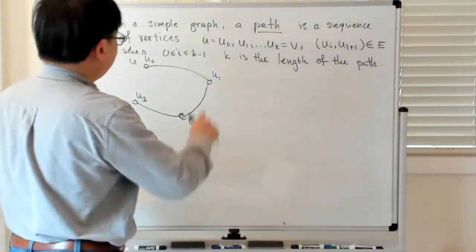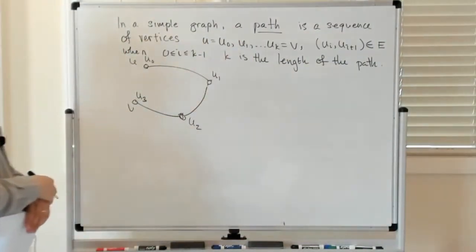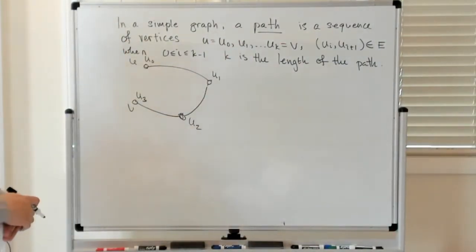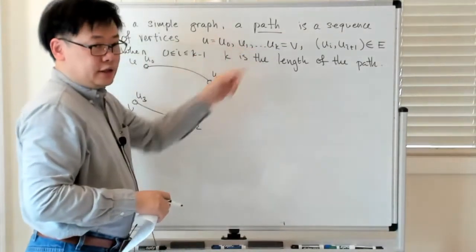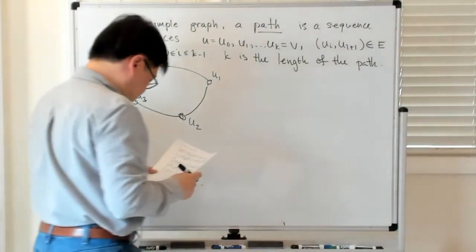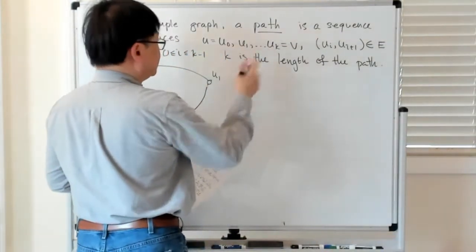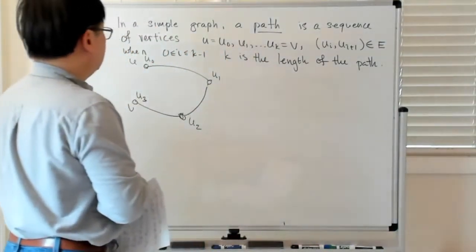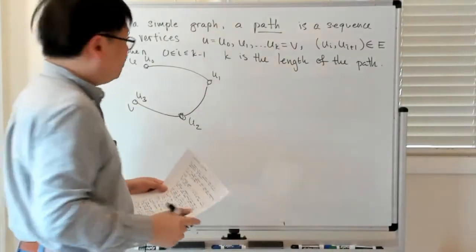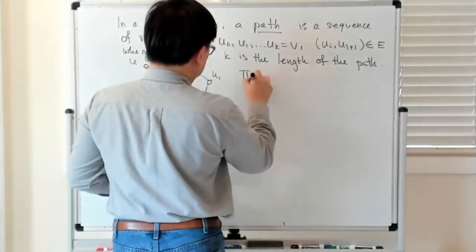So where are we? We have this idea of a path, but nowhere in this definition of a path did we say that you couldn't repeat vertices. So the vertices in this sequence in the path can repeat.